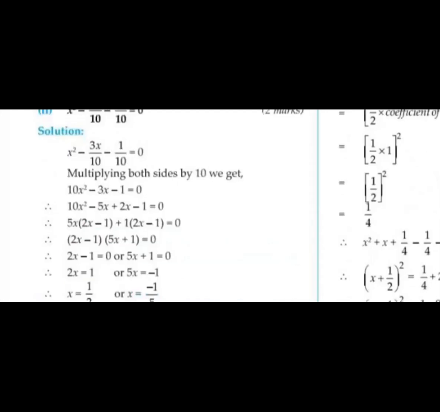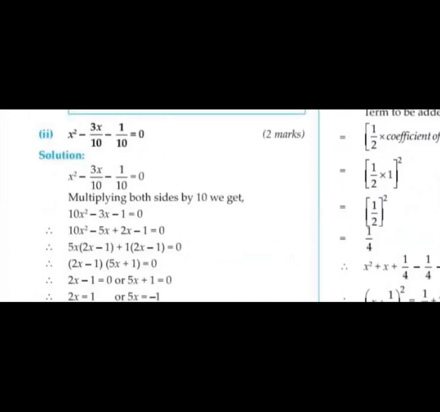x square minus 3x upon 10 minus 1 upon 10 equals to 0. So see, you can multiply by 10 on both the sides. So if we multiply by 10 on both the sides, we are getting 10x square minus 3x minus 1 equals to 0. Right? How this happened, I give you the calculation. You can take 10 as the LCM.